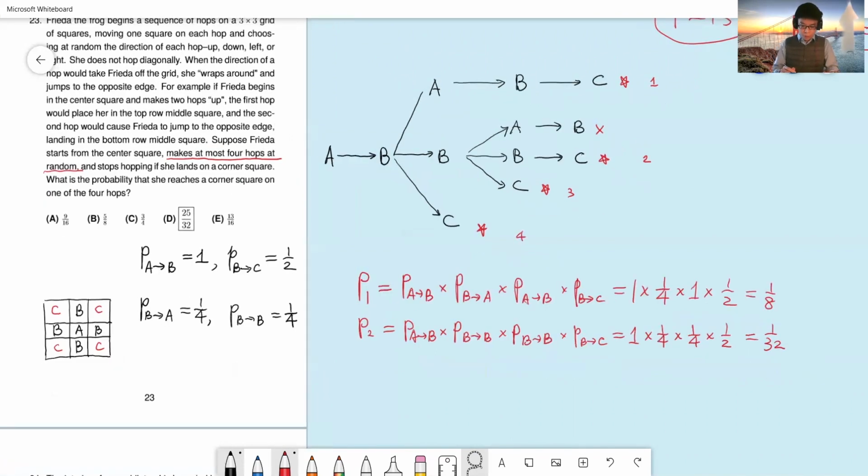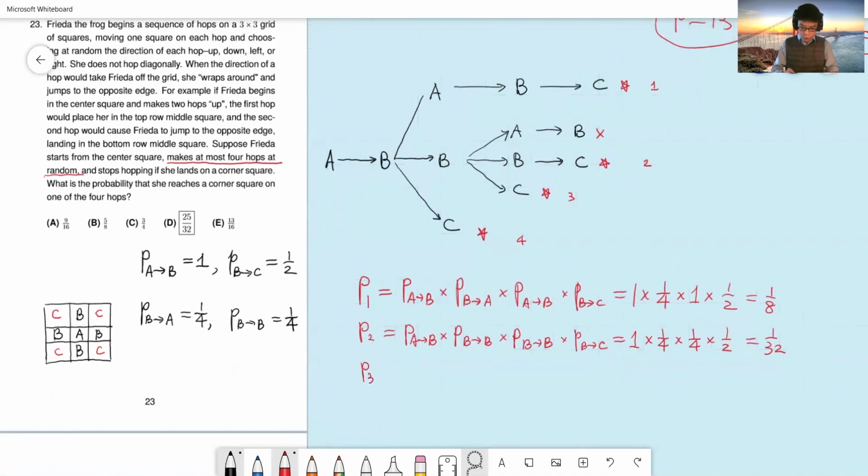And then let's see P3. P3 is P A to B, P B to B, P B to C. This is 1 times 1 over 4 times 1 over 2. This is 1 over 8. And finally, we have P4, which is P A to B, P B to C. This is very short.